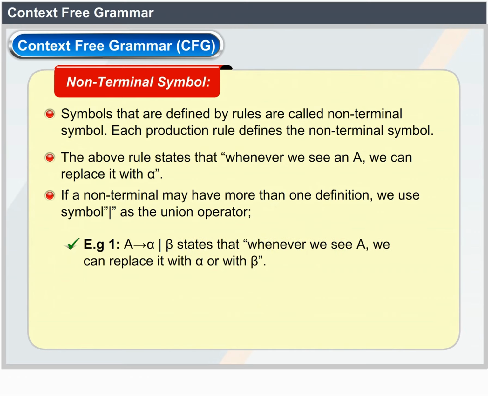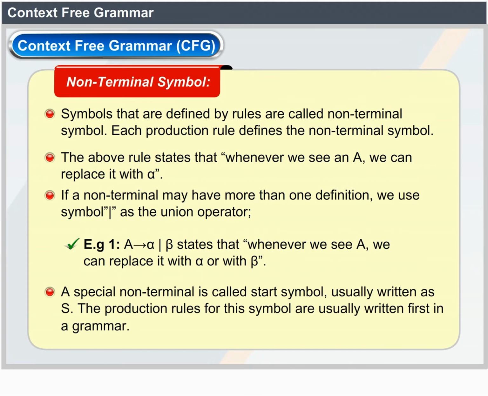Example 1. Capital A implies alpha or beta. This states that whenever we see capital A, we can replace it with alpha or with beta. A special non-terminal is called the start symbol, usually written as S. The production rules for this symbol are usually written first in a grammar.